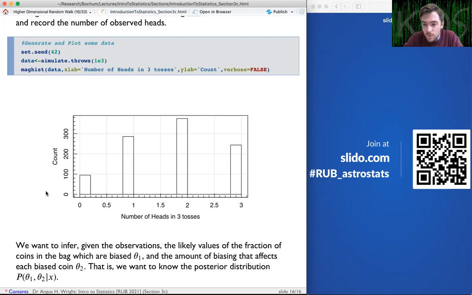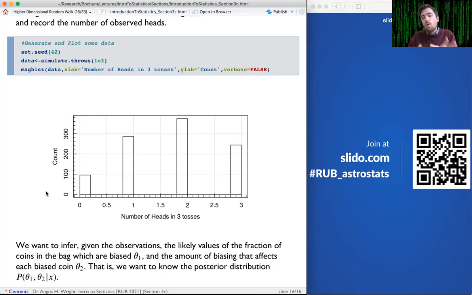I now want you to tell me the number of biased coins in the bag and the amount by which they are biased. Naively, that might seem impossible to know with any sort of accuracy given the data. There have got to be degeneracies.